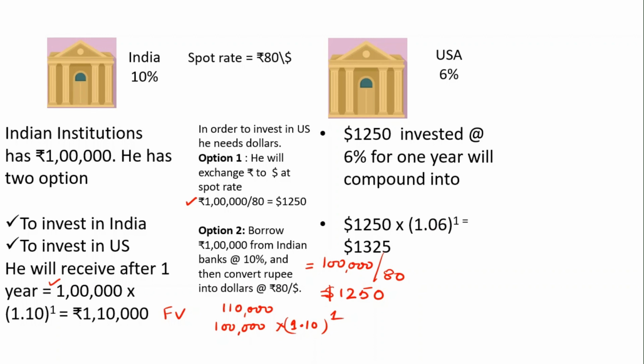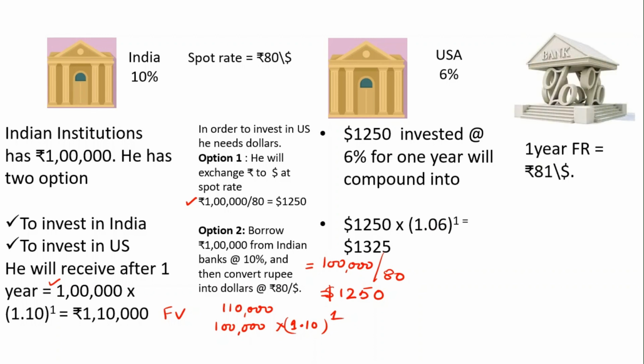One of the banks he eventually got said that I'm going to give you a forward rate of 81 rupees per dollar. So come to me after 1 year, bring your 1325, I will give you 1325 multiplied by 81, whatever amount that comes to in Indian rupees, I will give that to you. And eventually, this is what has happened.